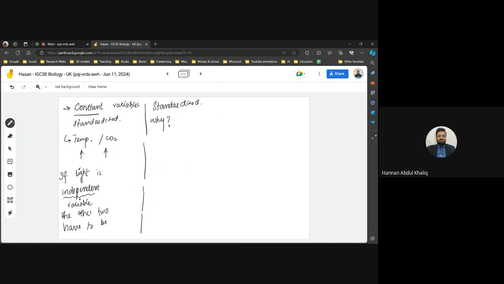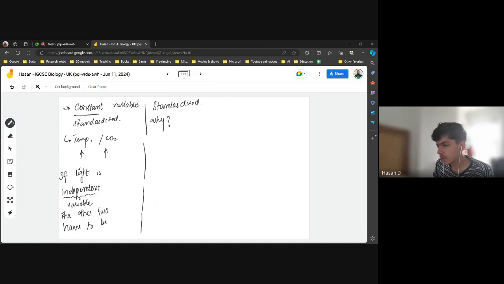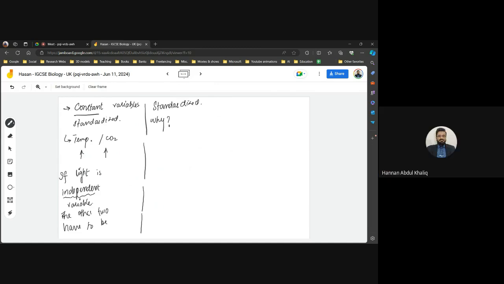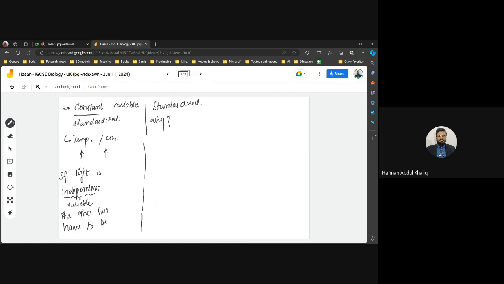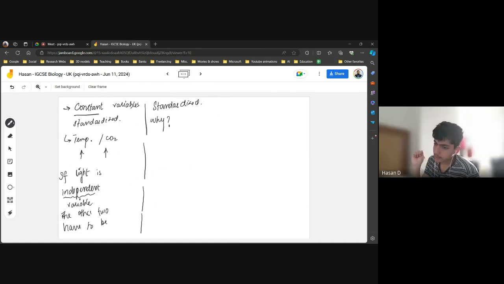If we are making the light an independent variable, then why do we need to keep the temperature and carbon dioxide constant or standardized? Because the variable that we're testing is the light, right? Not the carbon dioxide or the temperature.